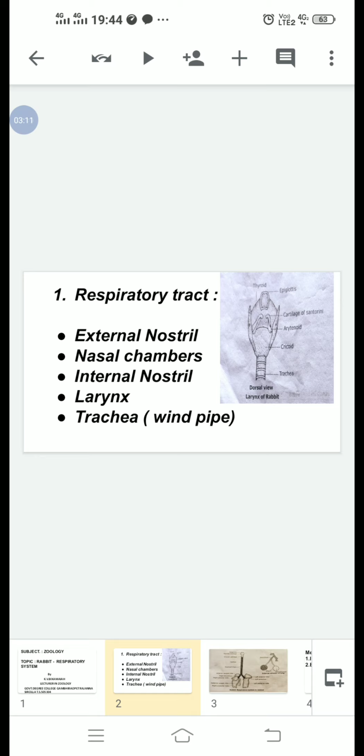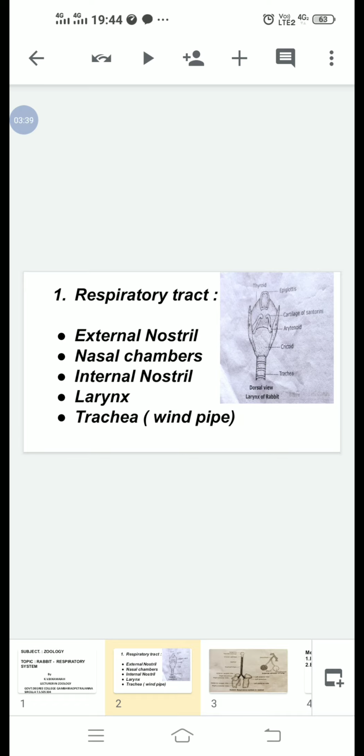Nasal chambers are situated above the buccal cavity and are separated from the buccal cavity by the palate. The two nasal chambers are separated from each other by nasal septum.